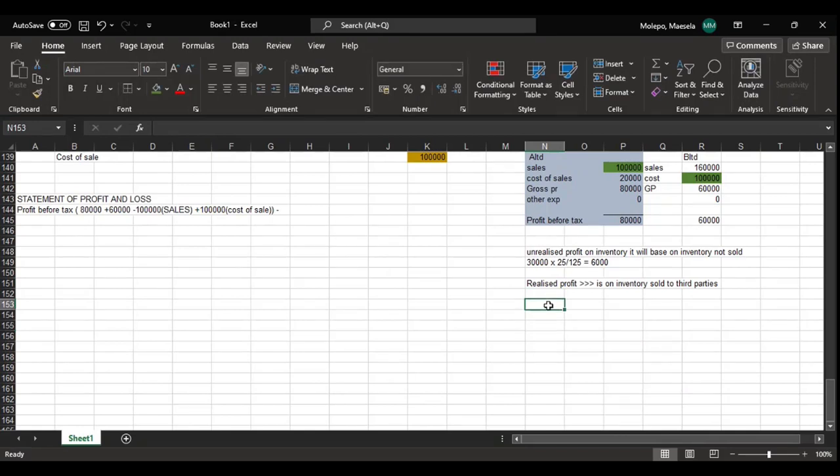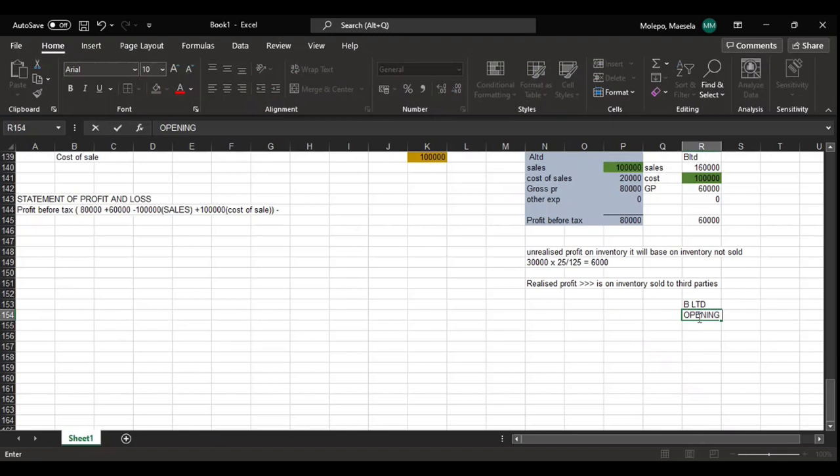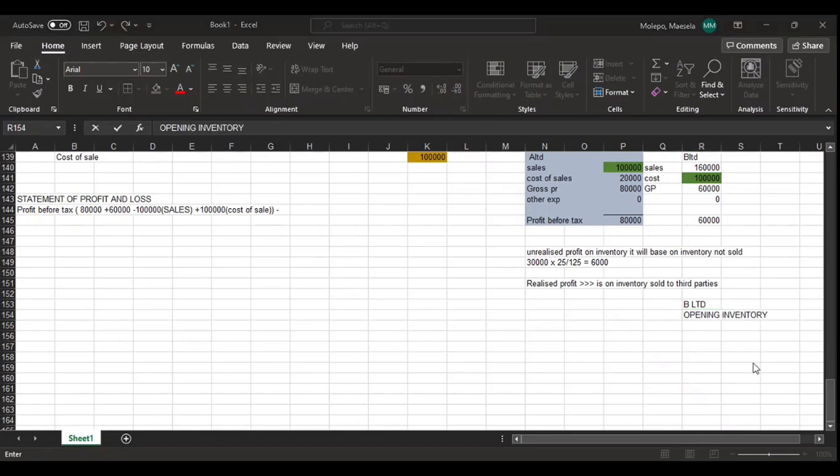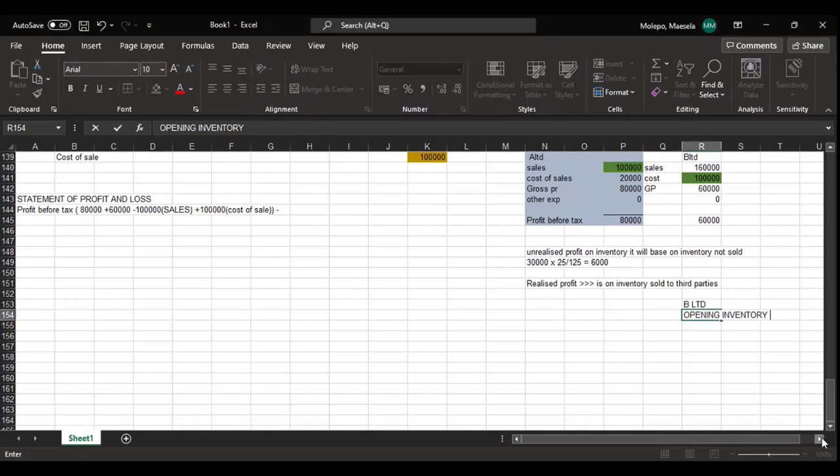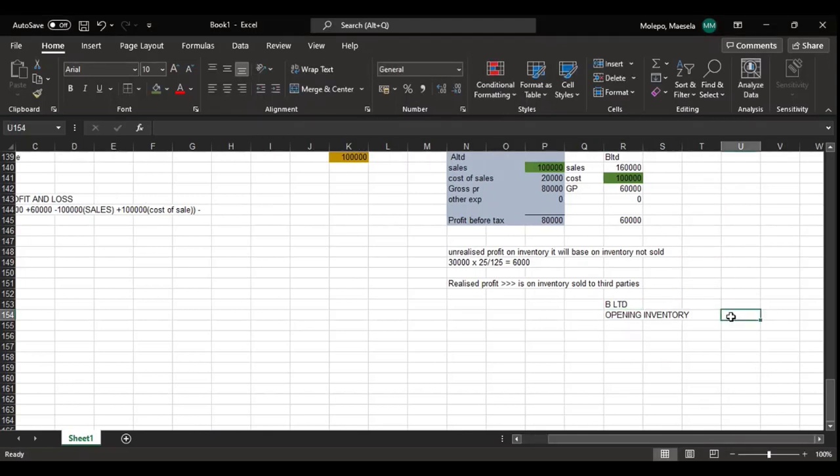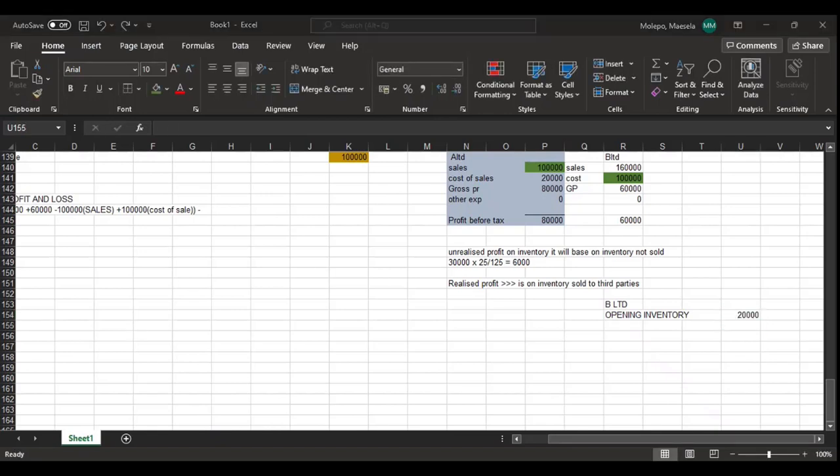They tell us this guy had opening inventory of 20,000, is what they are telling us for B Limited. So we're going to say on B Limited, opening inventory is how much? It is 20,000 as per the information we get. So how much will the purchases be? They told us that A Limited's total sales to B Limited during the year amount to 100,000.